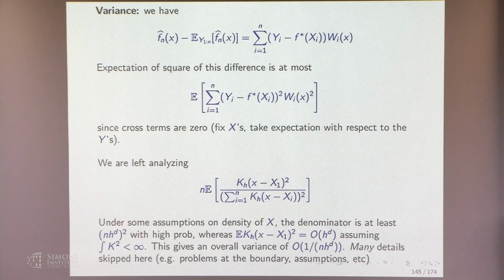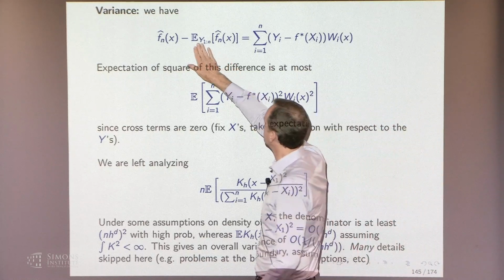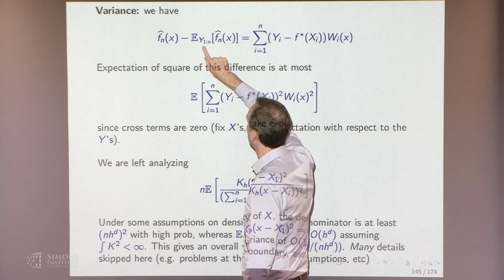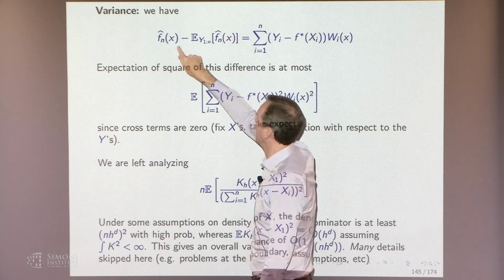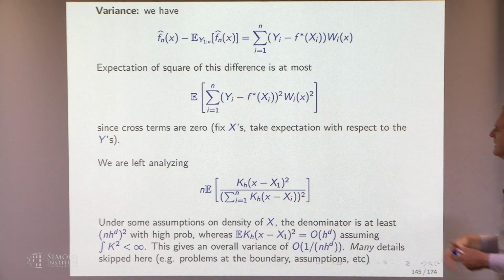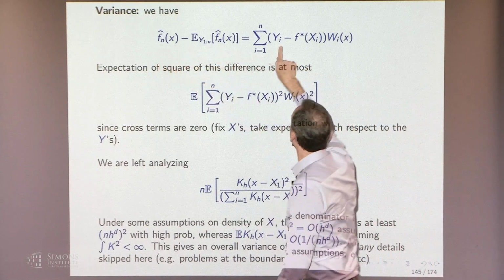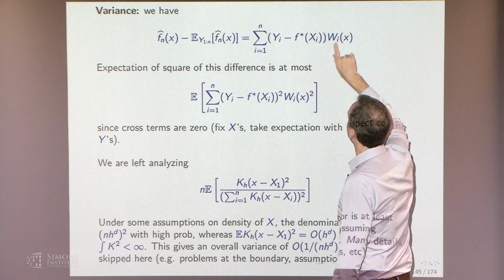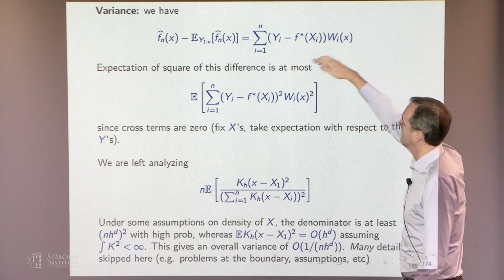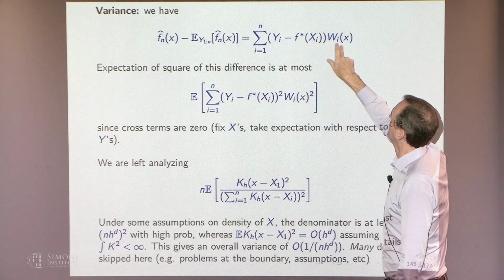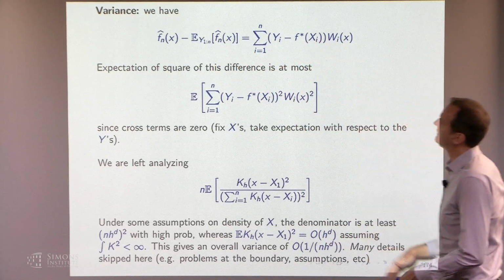What about the variance? So here we're looking at the conditional expectation where we're given everything except the y's, and this is our actual prediction, and we want to know what's the expected squared difference. So let's look at this difference. These guys are the weighted yi's, weighted according to how far x is from that xi, and the expectation here is the weighted f stars.